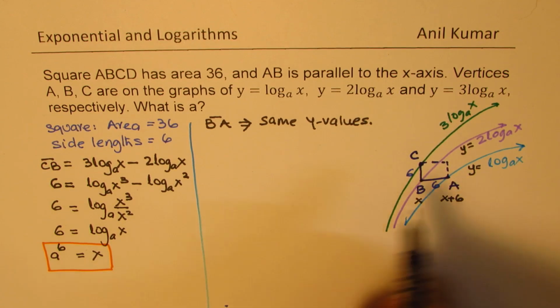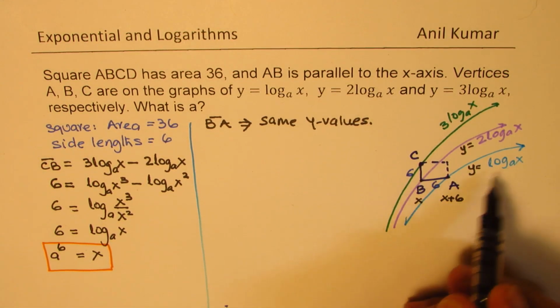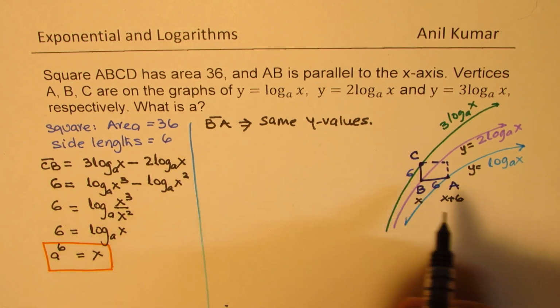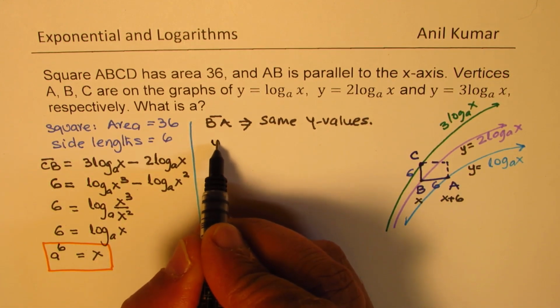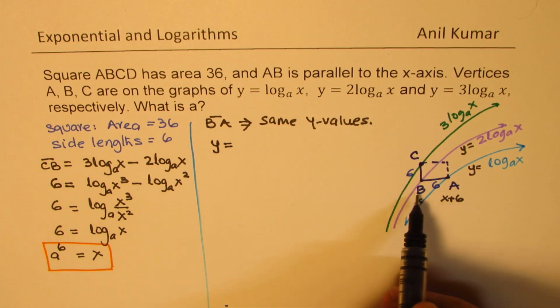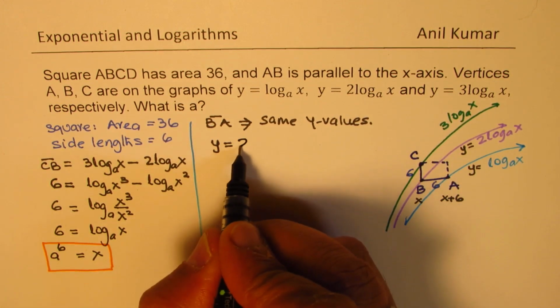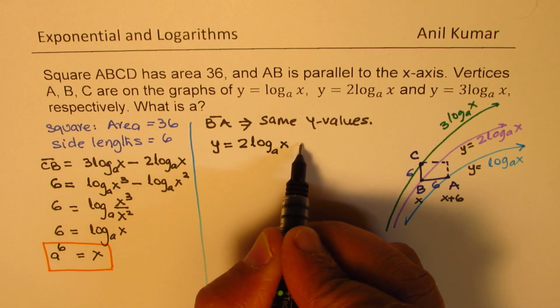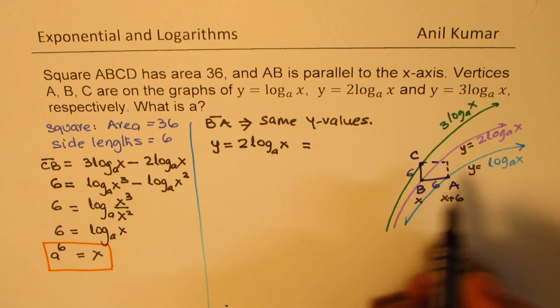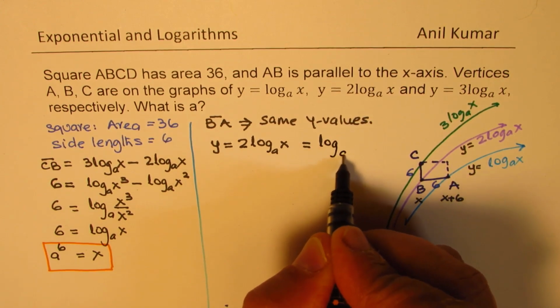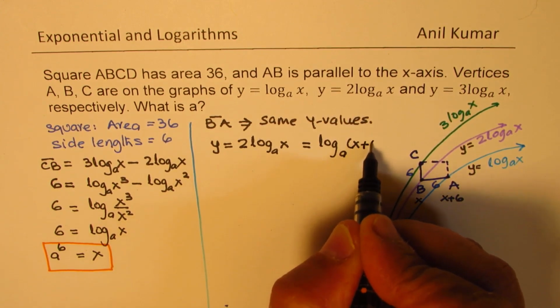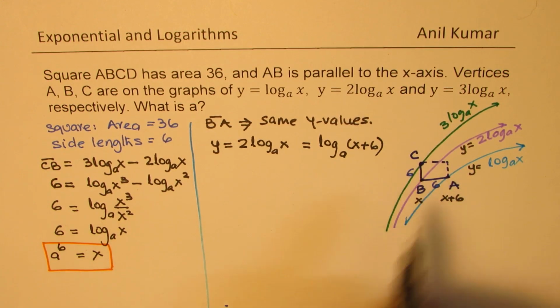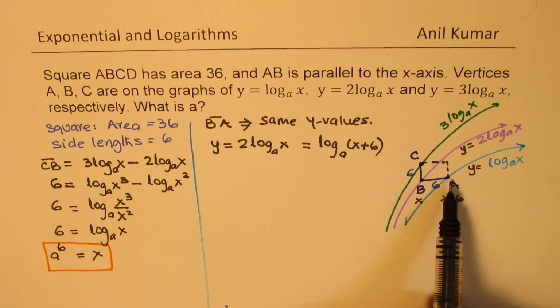So the y values are the same for this point at x. So log to the base a of x squared, for the 2 log a x point, is equal to log to the base a of x plus 6, since this line is parallel to the x-axis. So the y values will be the same.